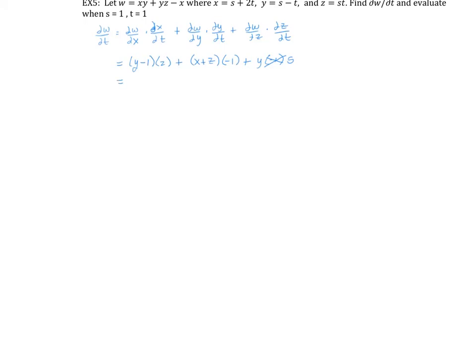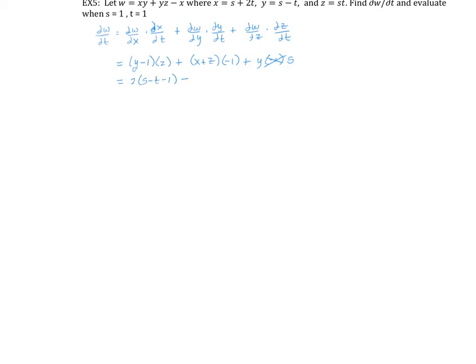And now I'm going to replace my y value with s minus t. So this becomes 2 times s minus t minus 1. And this negative 1 I'm going to put out in front as a negative.